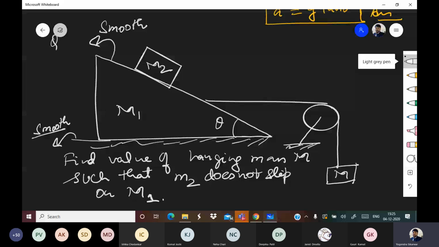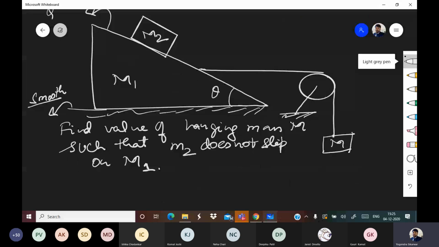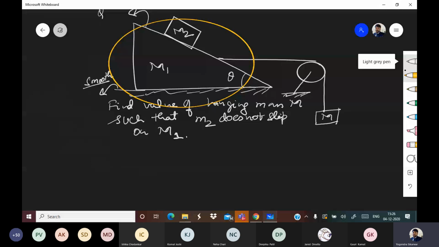Okay, everyone, please pay attention. Now, as M1 and M2 are moving together, we can consider them as a system. We can consider M1 and M2 as a system, right? So basically, the question gets converted into that small m, mg is acting downward and M1 and M2 are one block. So how much will be the acceleration?